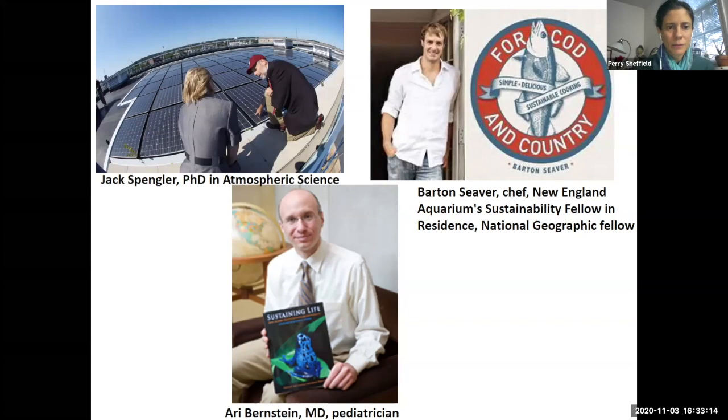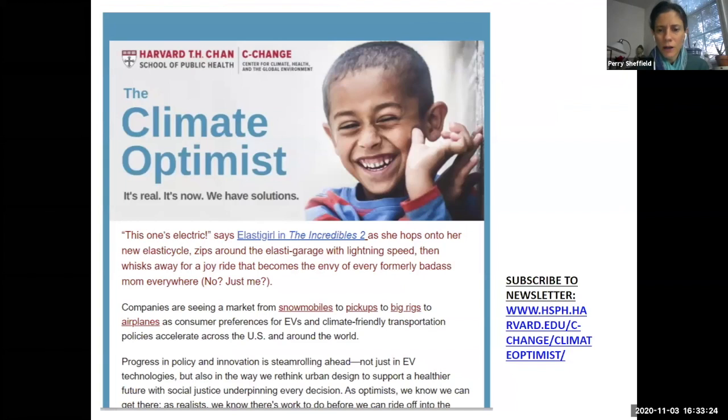And then the third guy is Jack Spangler, an atmospheric scientist or meteorologist. All three of them, as I mentioned, worked at this Harvard Center. One product they started a couple of years ago is a monthly newsletter called The Climate Optimist, which is a really creative and actually pretty upbeat newsletter that you can sign up for if you're interested.